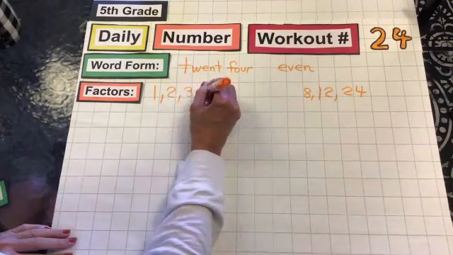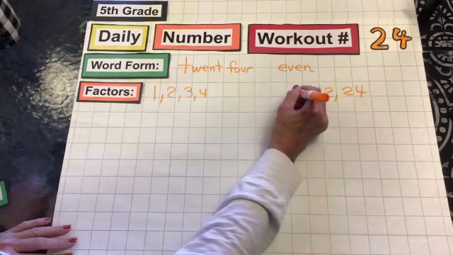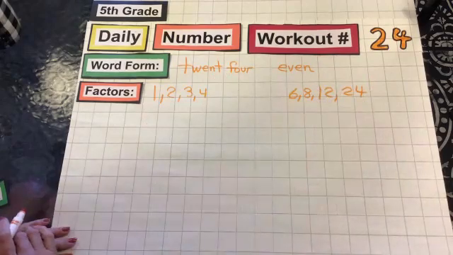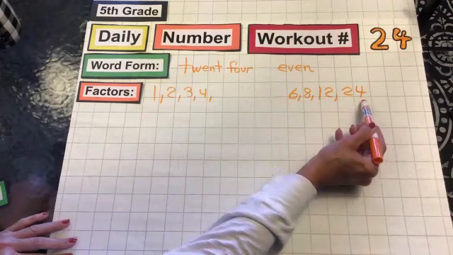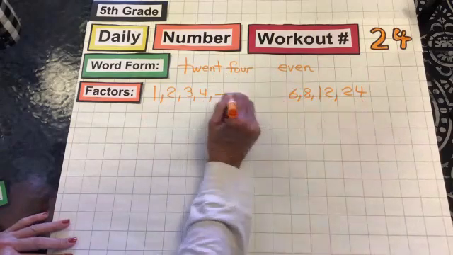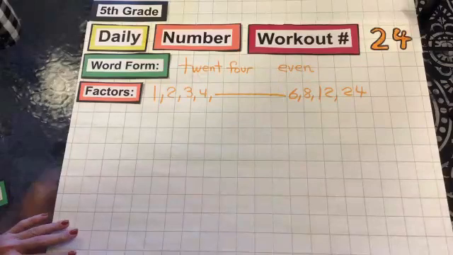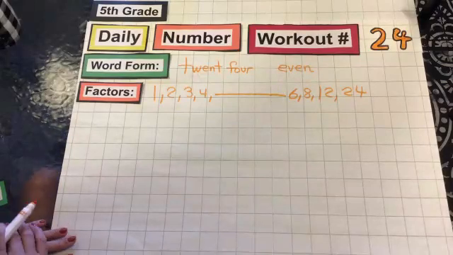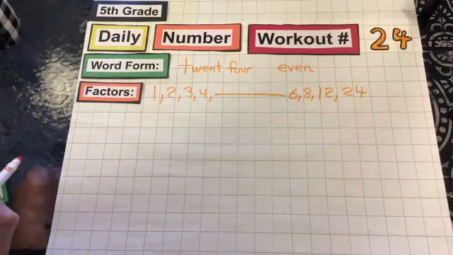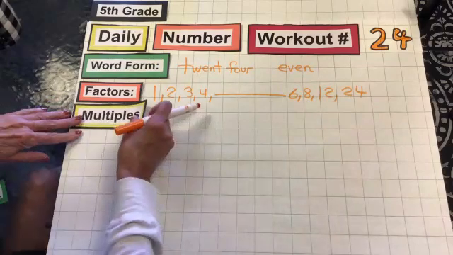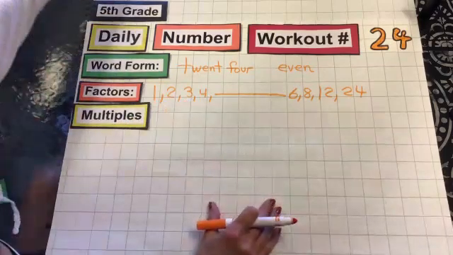We know 4 goes into it because 4 times 6 is 24. And then 5 doesn't go in because it doesn't end with a 0 or a 5. So we know we're done. There's no other numbers between 4 and 6. All right, lots of factor pairs. Let's go on to multiples of 24.